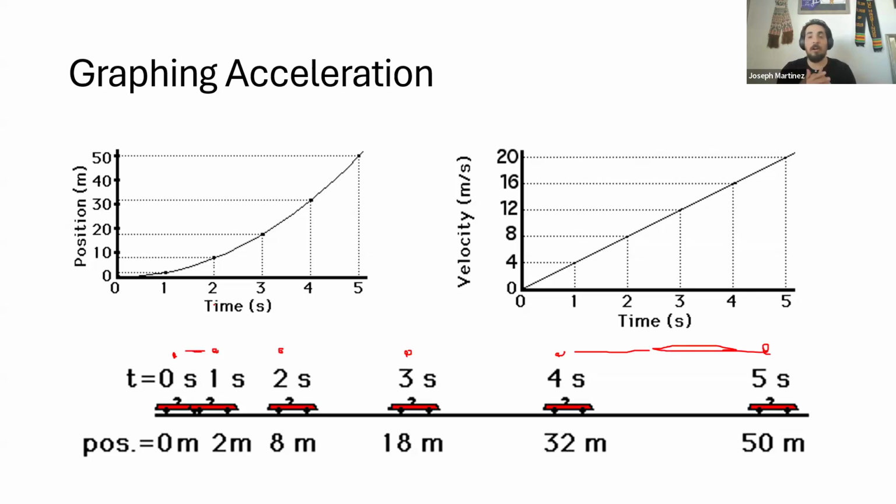So we have an object here, a little red car, that is accelerating. And what is its position versus time graph? Well, for any accelerating object, if it is accelerating smoothly, we get a nice smooth curve like what you see in the top left right here. A nice smooth curve is indicative of acceleration. And depending on if it's positive or negative acceleration, you might get a curve up or a curve down.